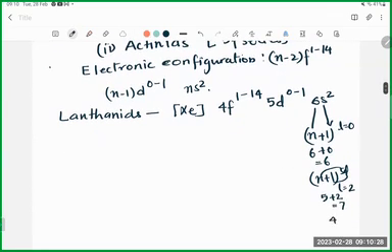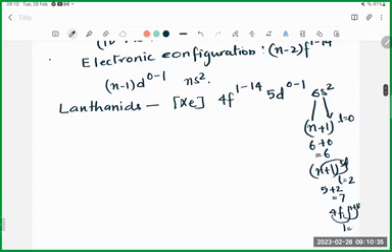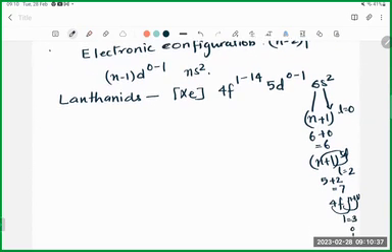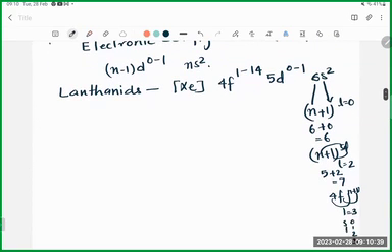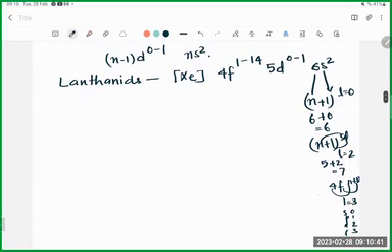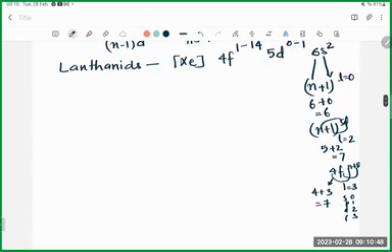Then for 4f, the n plus l rule will apply. This is n, this is l. l goes in this order: s 0, p 1, d 2, and f 3. So for 4f, you can say 4 plus 3, which is 7.